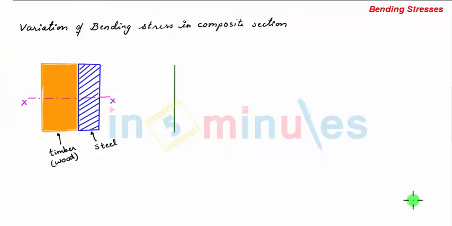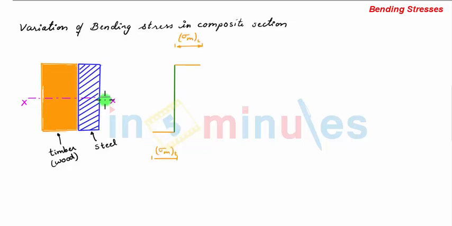Now let us plot the variation of bending stress in the composite section for a given composite section of case 1, where the centroidal axis is passing through the centroidal axis of each of the sections. Now if you plot the variation of bending stress for wood, we know the variation of bending stress is linear and it is maximum at the extreme top layer, which denotes the sigma max of compression, whereas it is maximum at the extreme bottom layer, which is denoted as sigma max of tension.